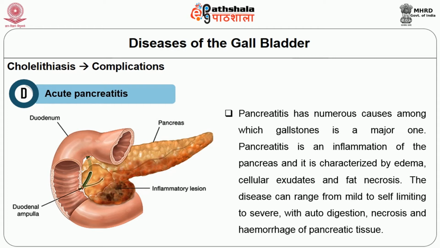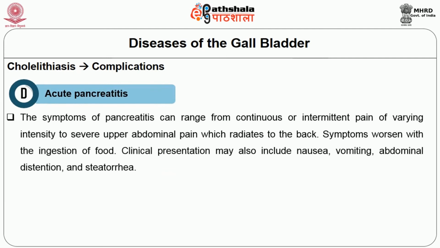The disease can range from mild and self-limiting to severe, with autodigestion, necrosis, and hemorrhage of pancreatic tissue. The symptoms can range from continuous or intermittent pain of varying intensity to severe upper abdominal pain, which radiates to the back. Symptoms worsen with the ingestion of food.